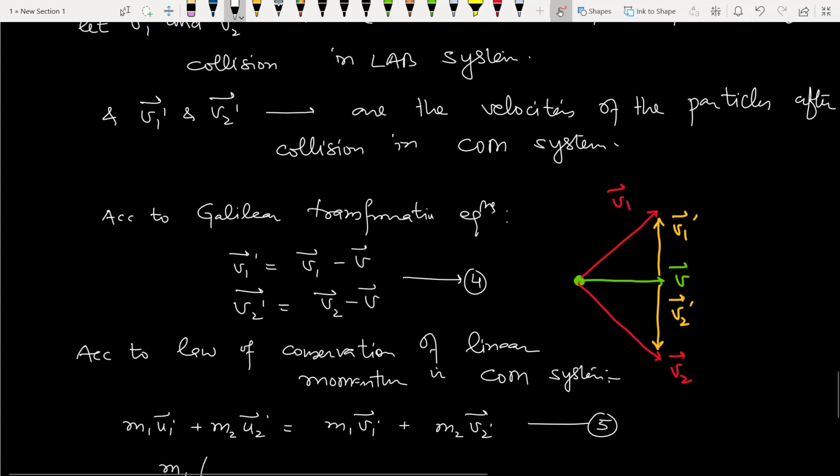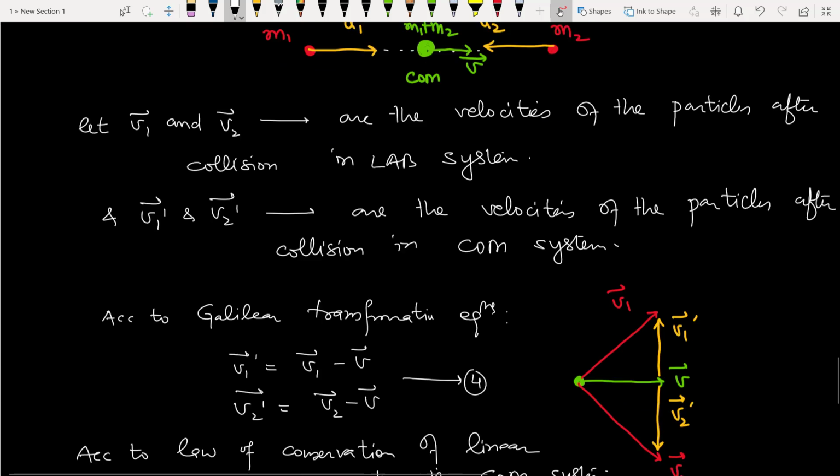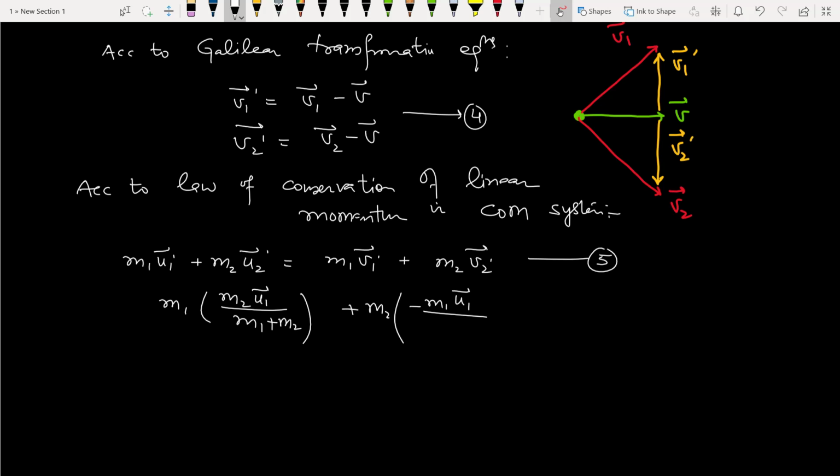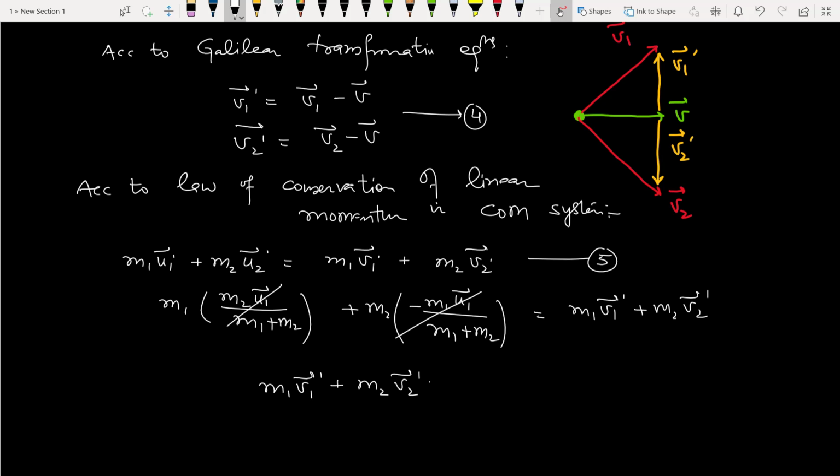So u1 dash is from equation number 2, m2 u1 divided by m1 plus m2, minus m1 u1 upon m1 plus m2, equals m1 v1 dash plus m2 v2 dash. So these two terms cancel out. So m1 v1 dash plus m2 v2 dash is 0. So we mark this as equation number 6.